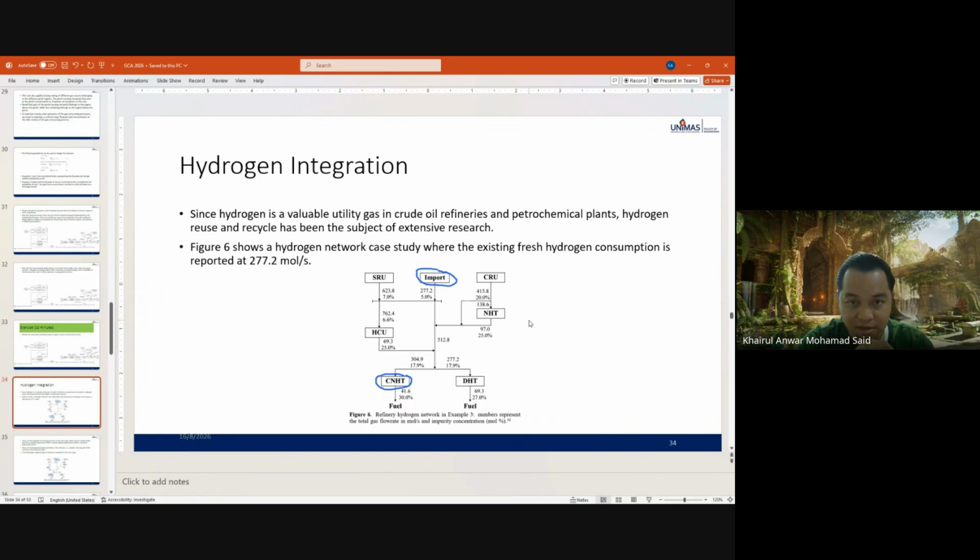Figure 6 shows a hydrogen network case study where the existing fresh hydrogen consumption is reported at 277.2 mole per second.